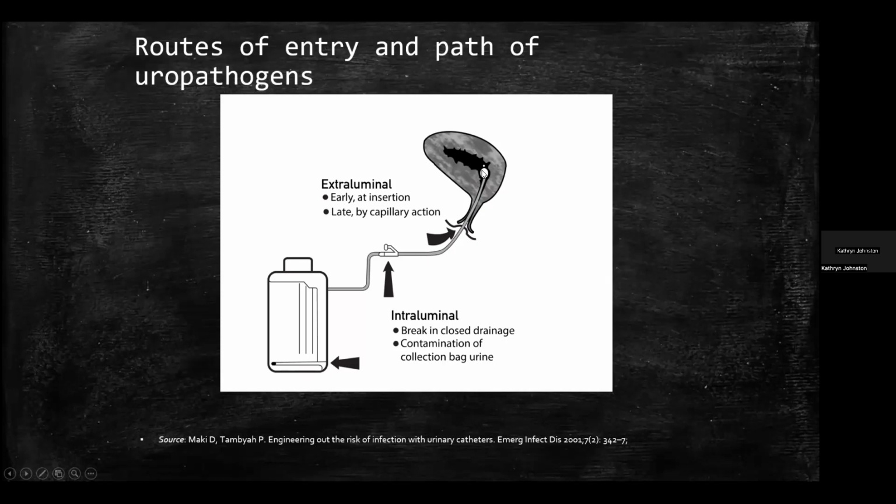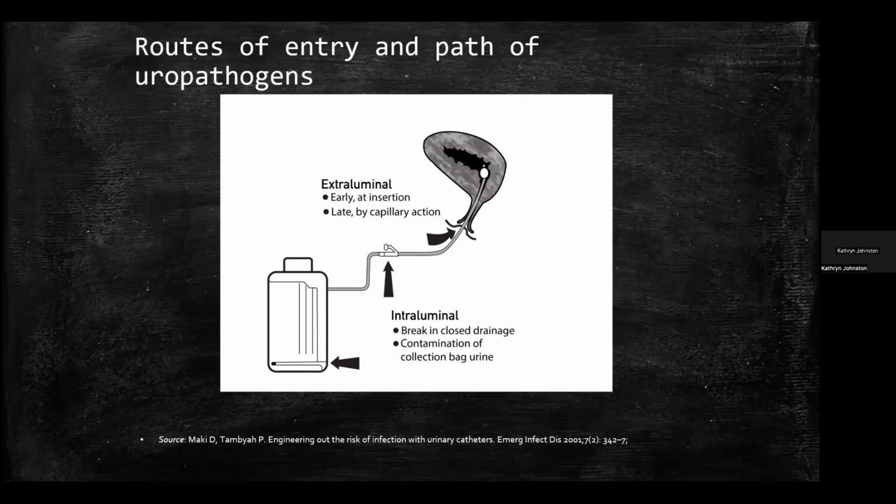And then between the catheter and the surface epithelium of the urethra is where that takes place. So that extraluminal infection occurs when those skin colonizers colonize the external catheter surface, and then they migrate.